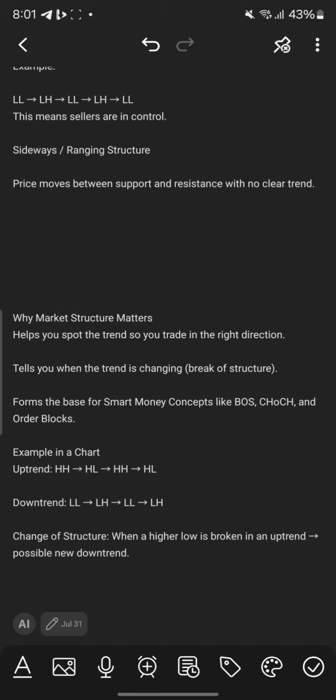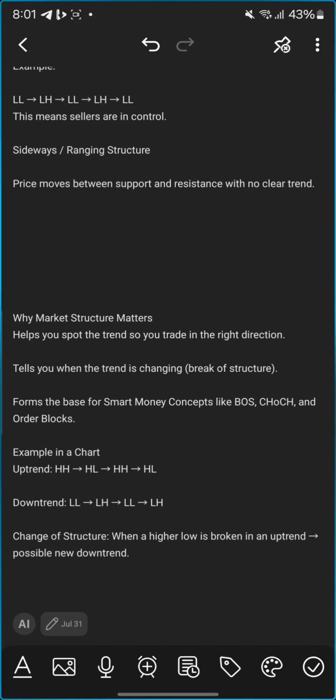Now, it tells you when the trend is changing, break of structure or change of character, we'll get there soon. It forms the base of smart money concepts like break of structure, change of character, and other blocks, fair value gap, whatever you want to see, they all occur as a result of market structure.